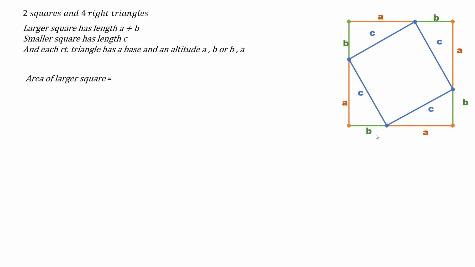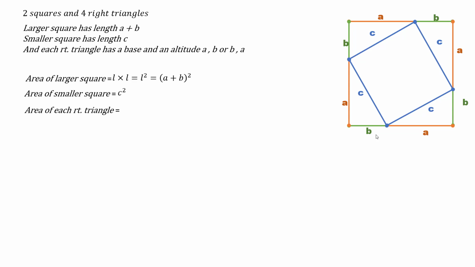So now let's talk about the area of the larger square. We know that the area of a square is length times length, and length is square. So we can say that the area of the larger square is A plus B whole square, because the length of the larger square is A plus B, and the area of the smaller square will just be C square.